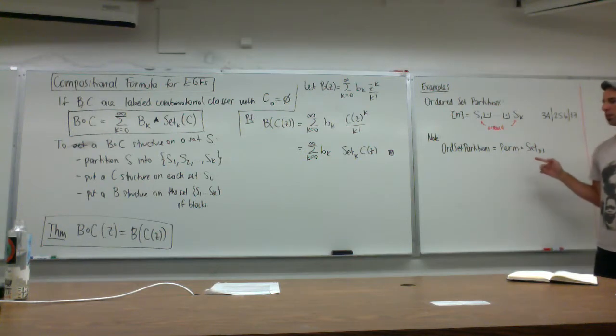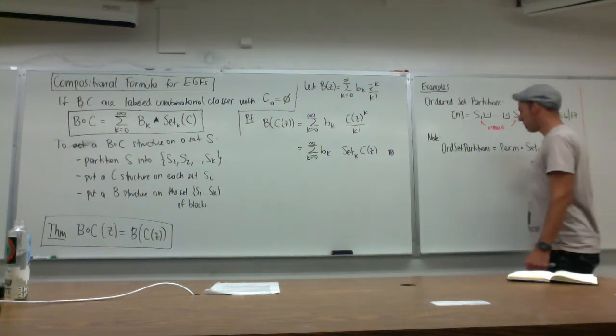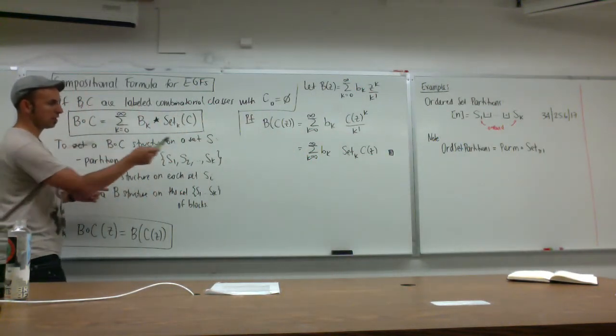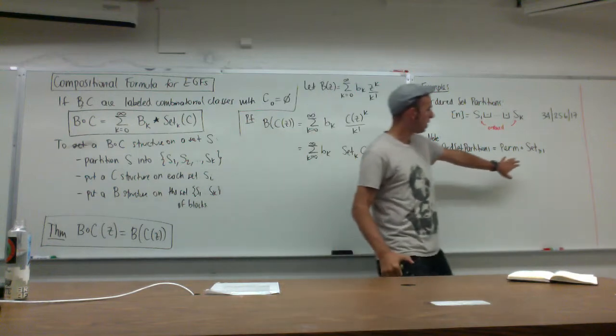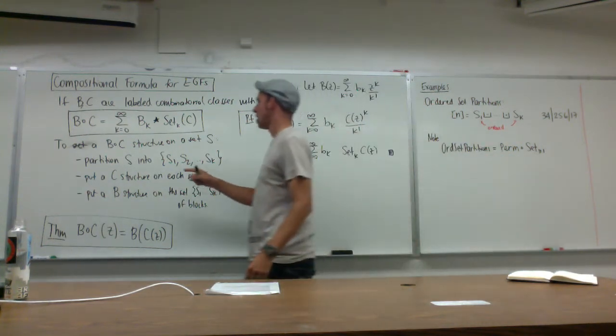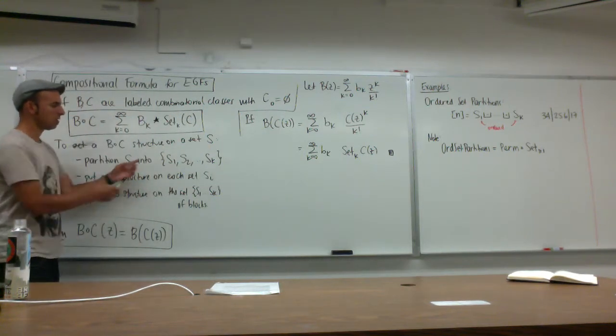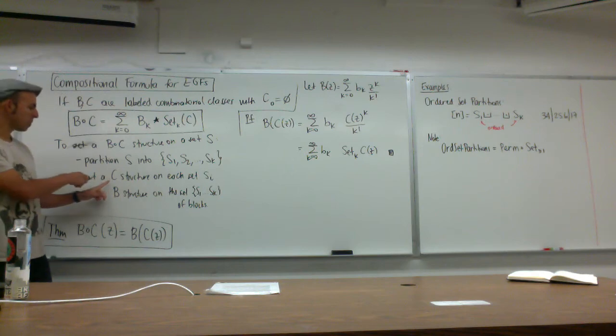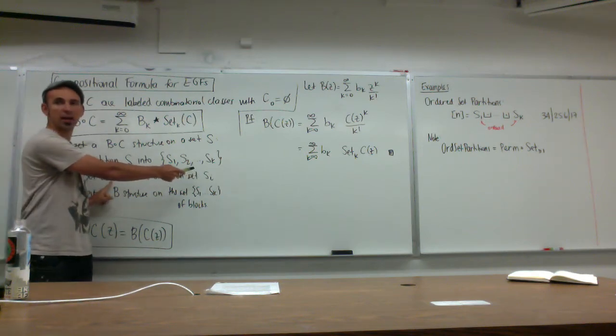Okay? And so if I apply this here, I'm saying, to get a structure of this kind, I partition my set S into S1 up to Sk, right? Then I put a C structure on each set Si.